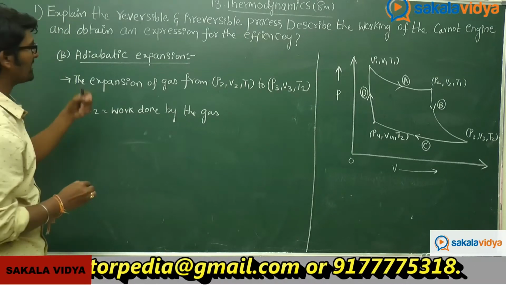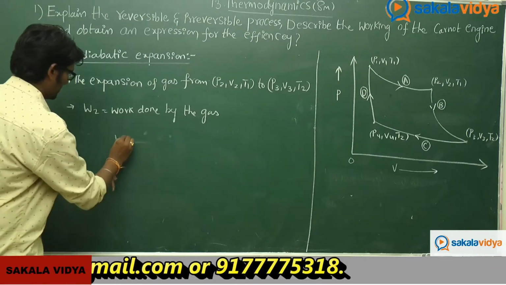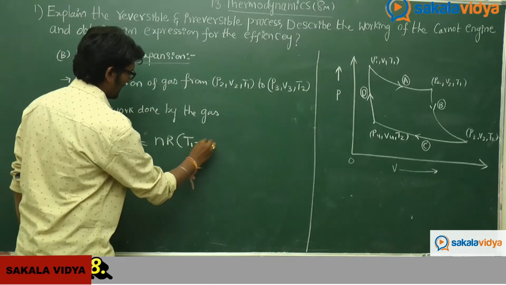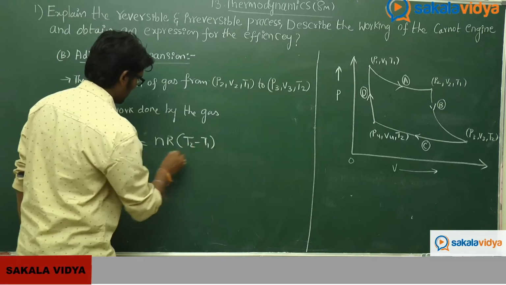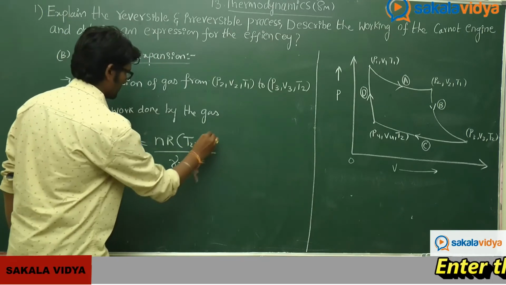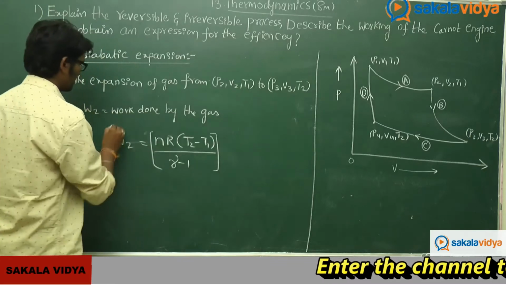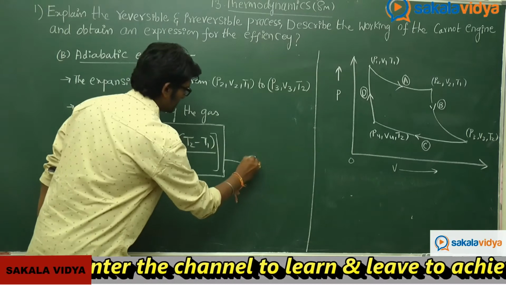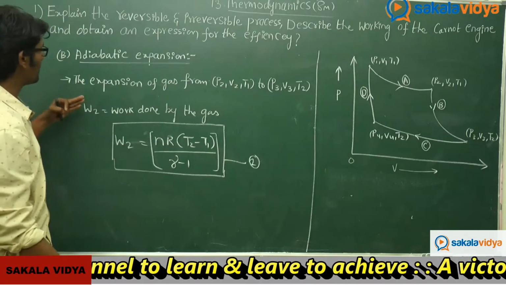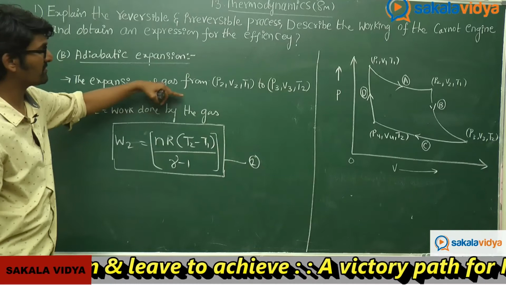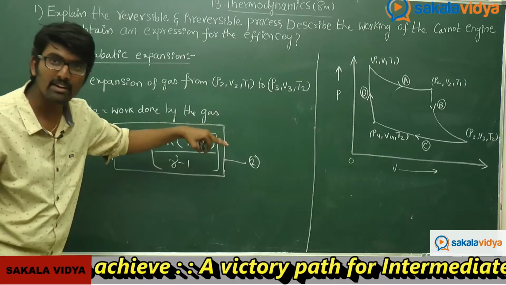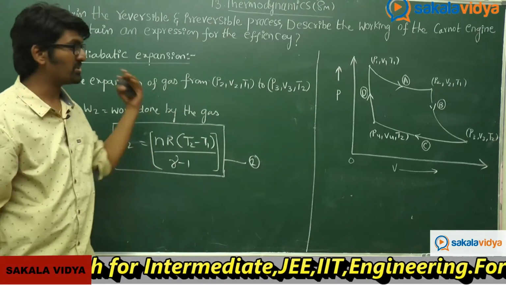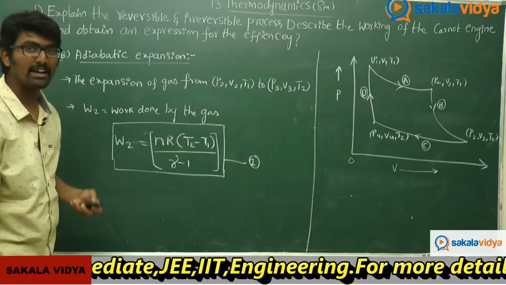So in adiabatic expansion we have W2 is equal to nR times T2 minus T1 by gamma minus 1. This is the work done formula for adiabatic expansion. Let us call this equation 2. As shown in the adjacent figure, this is called adiabatic expansion.